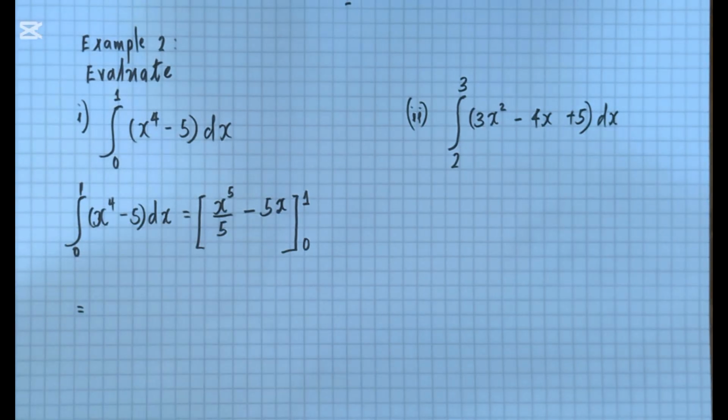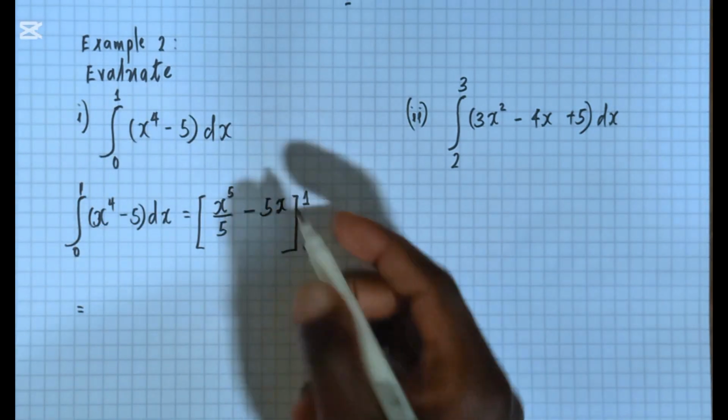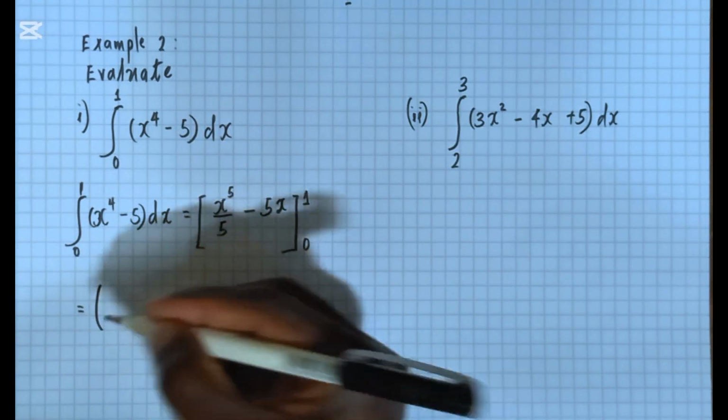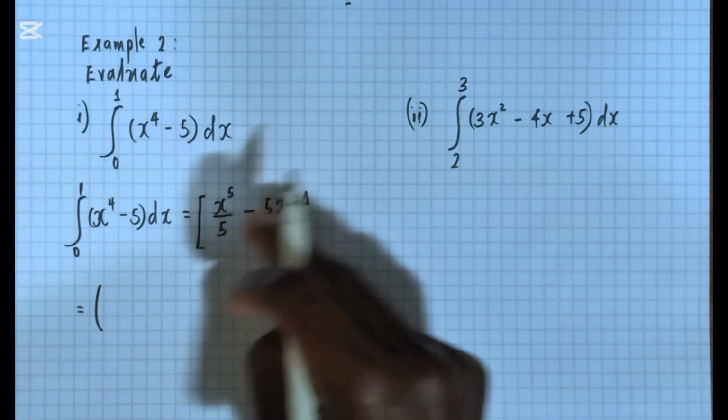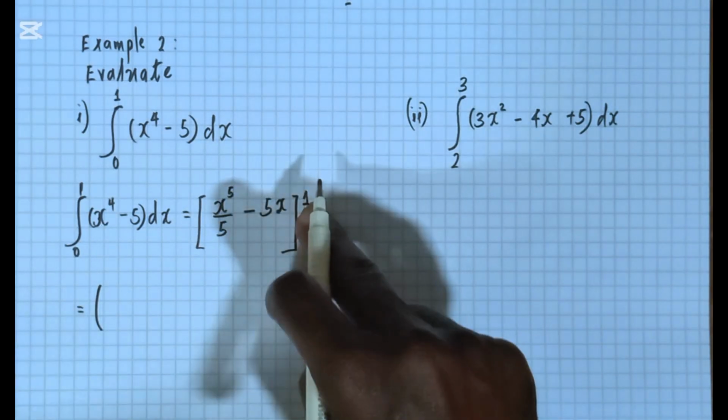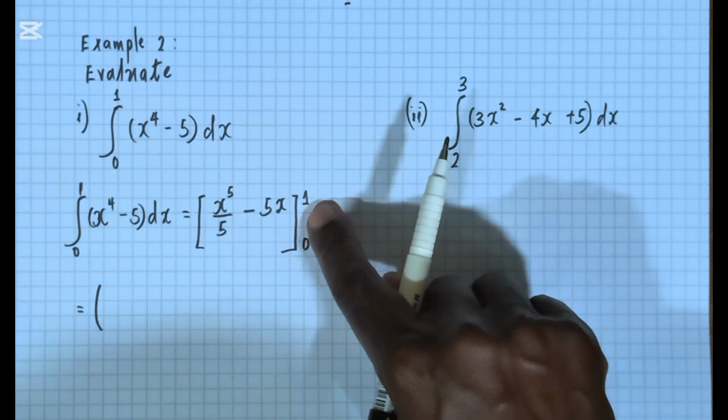in writing. So for us to go ahead and solve this, we will take an open bracket. Wherever we have x, we are going to put the upper limit, that is 1.